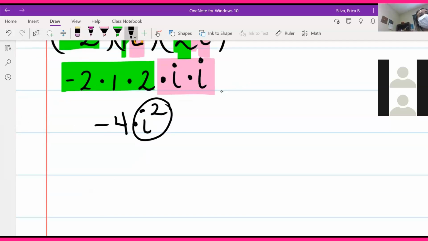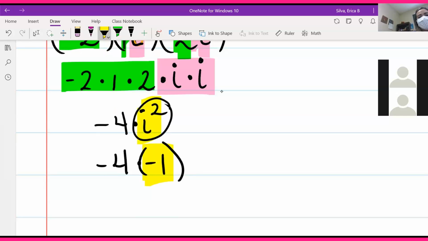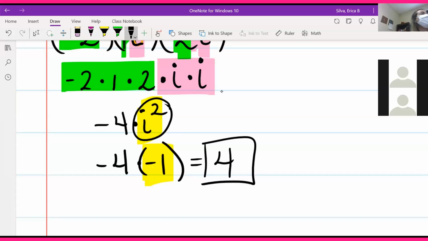Here is my i squared, so I'm going to replace i squared with -1. And then -4 times -1 is +4. Any questions?